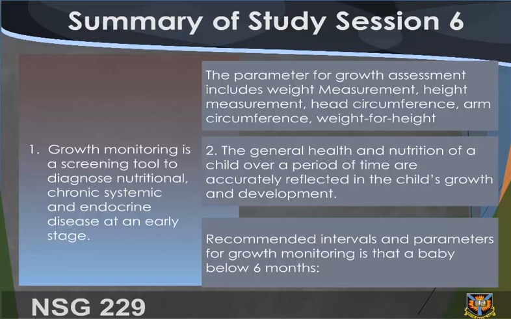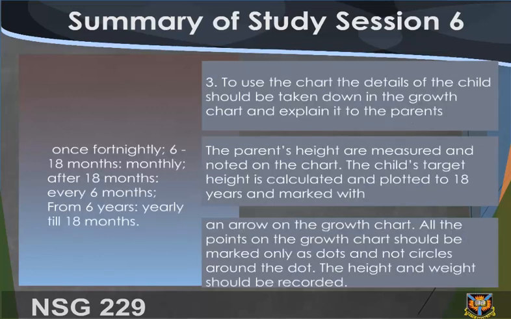The general health and nutrition of a child over a period of time are accurately reflected in the child's growth and development. Recommended intervals and parameters for growth monitoring: for a baby below 6 months, once fortnightly; 6 to 18 months, monthly; after 18 months, every 6 months; from 6 years, yearly till 18 years.